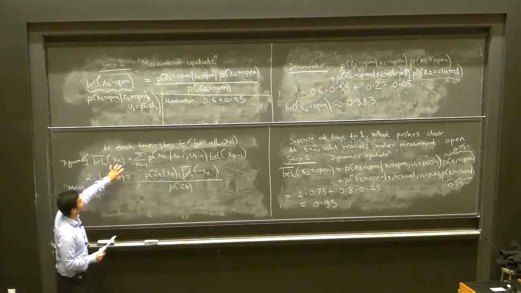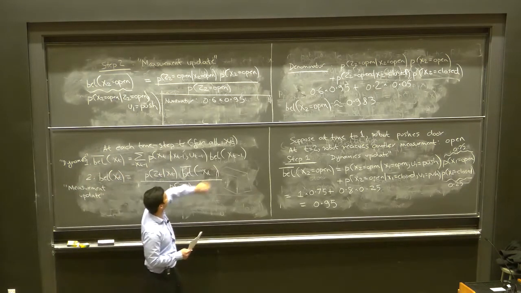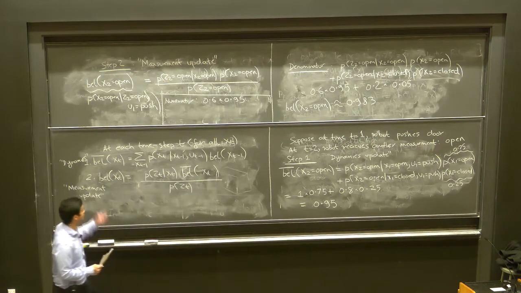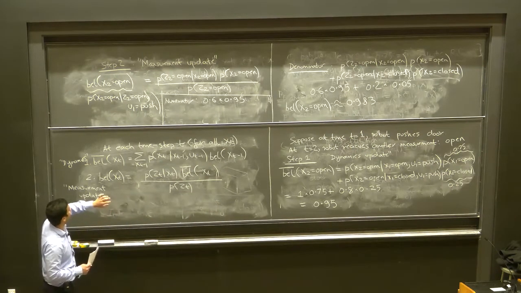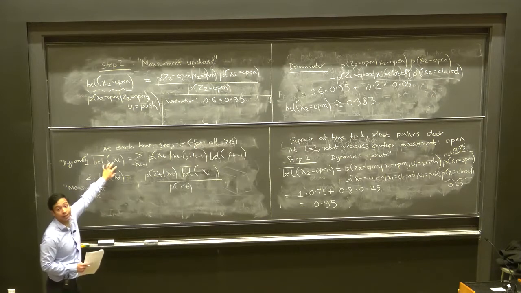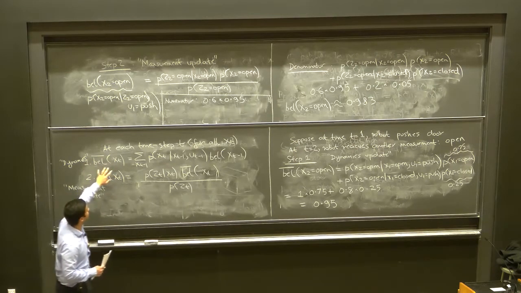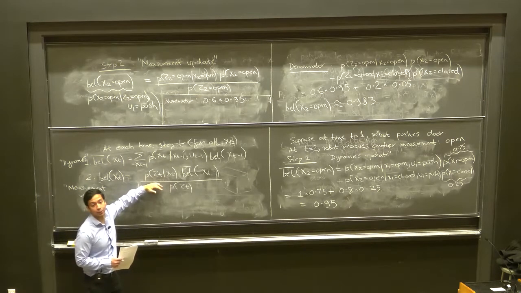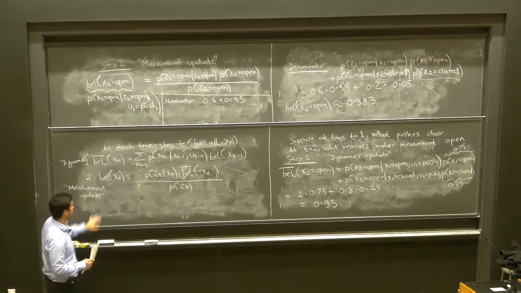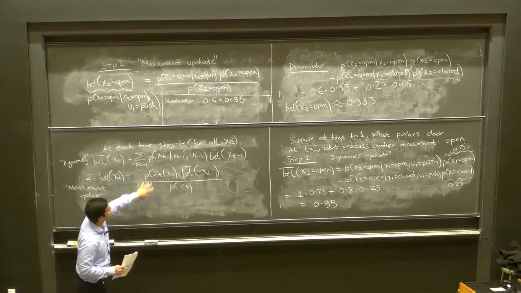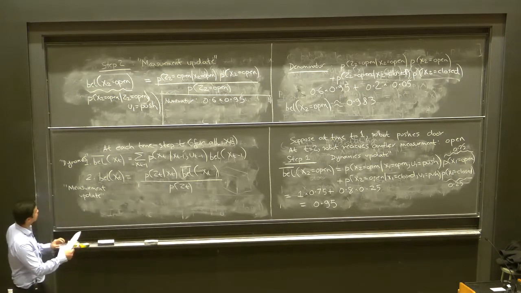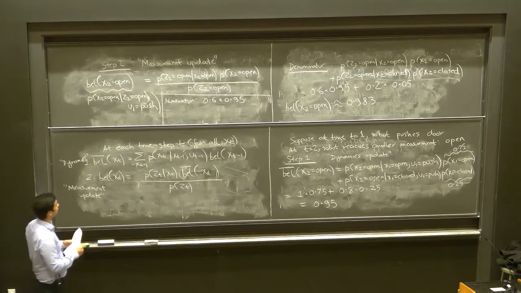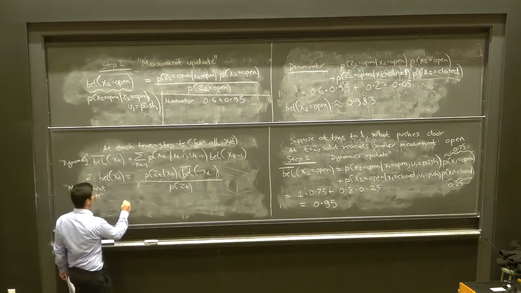We're taking our previous belief about the state at the previous time step, xt minus 1, and propagating that through the dynamics of the system. Then we're incorporating our sensor measurement, and that's where Bayes rule comes in. So this is exactly Bayes rule. This general algorithm is called the Bayes filter.